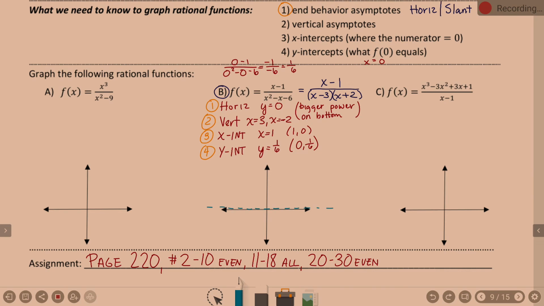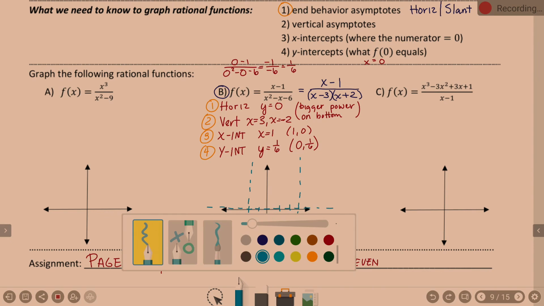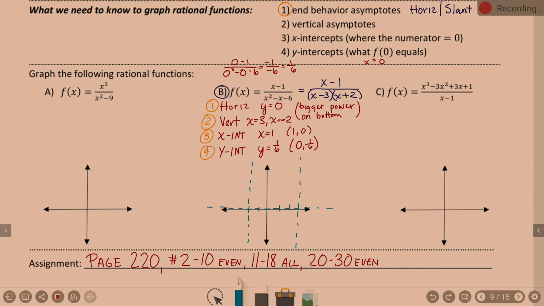Vertical asymptotes at negative 2 and 3. So right there, we know our graph does not cross vertical asymptotes. It runs up along them, runs down along them, but it does not cross them.